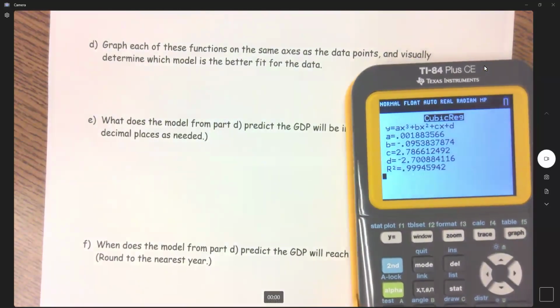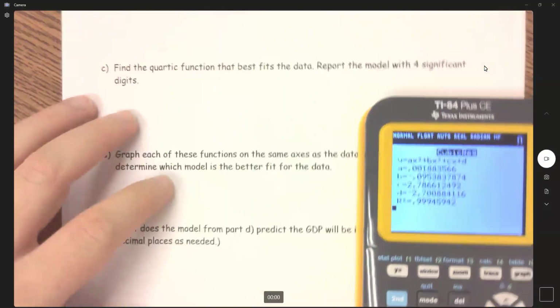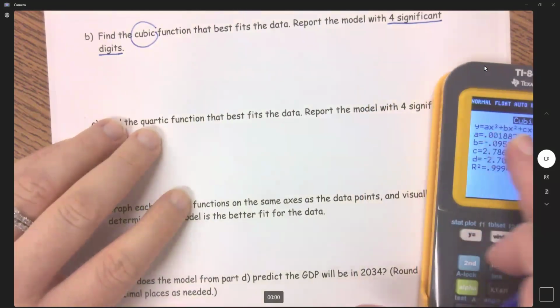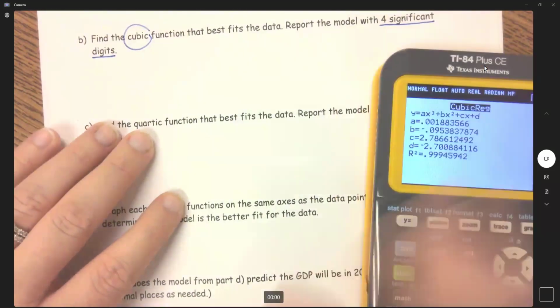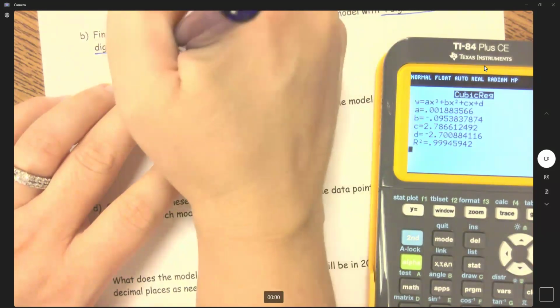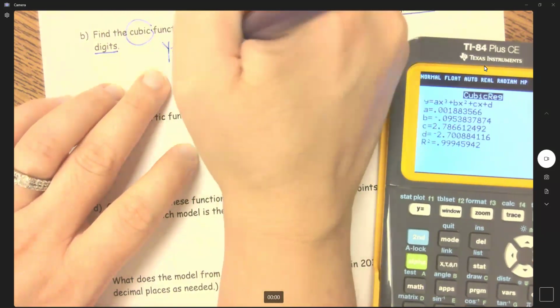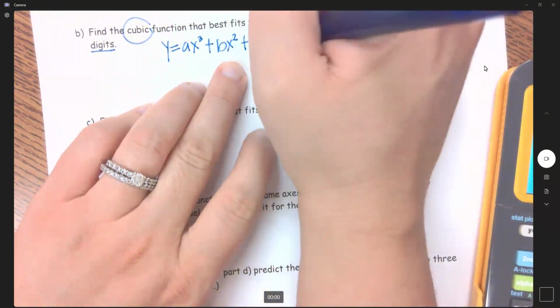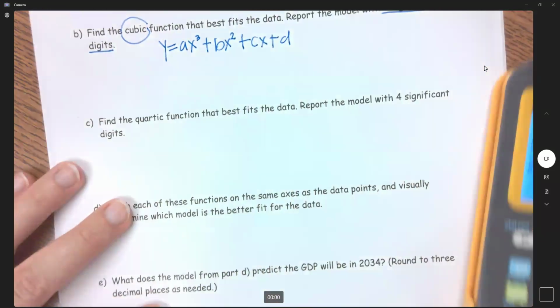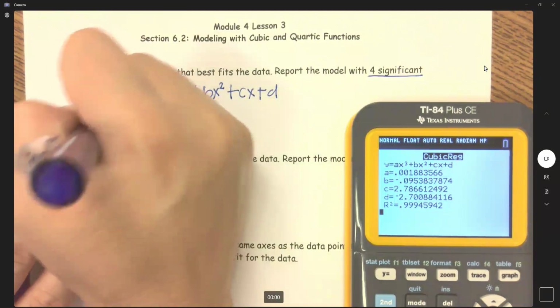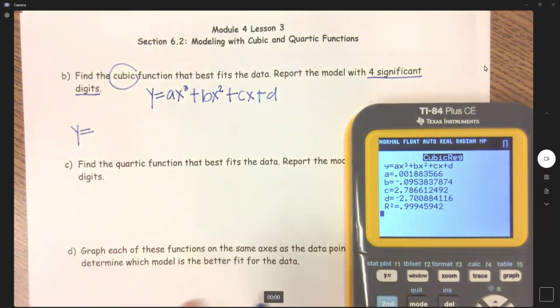So I'm going to go ahead and put this right into my equation. My equation is right up here. So we have y equals ax cubed plus bx squared plus cx plus d. And let's write this into the equation as we go, because I don't have room to write: a equals, b equals, c equals, d equals.